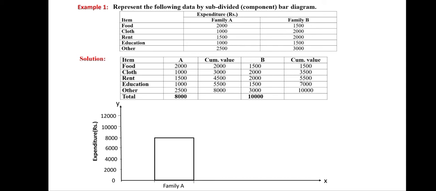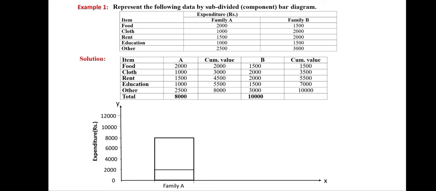Okay, and you can see in family A, the total is 8000. So draw a rectangular bar till 8000. Now we have to split this into different components. So check the cumulative value. First cumulative value is 2000. So in front of 2000 we have to draw a straight line.